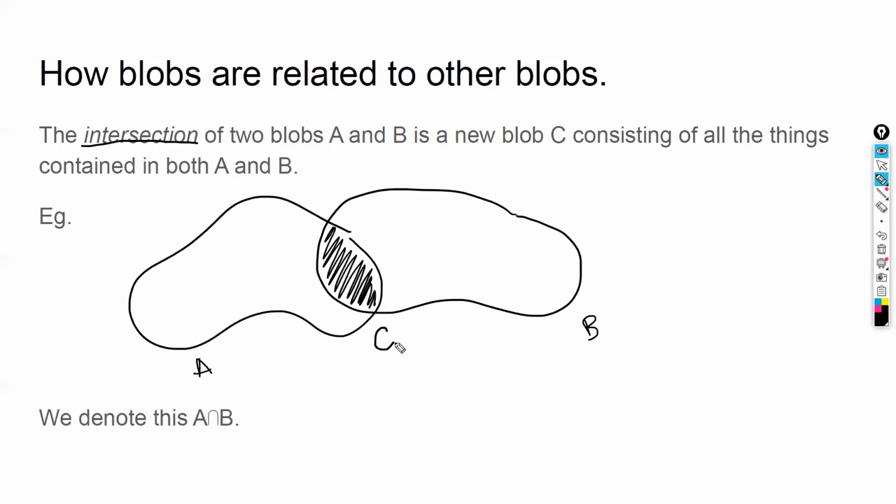This is our blob C, and we often denote this with a little bump like this. So this is A intersect B, and that's C.